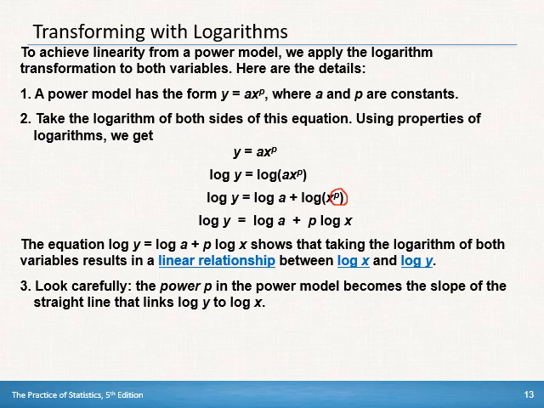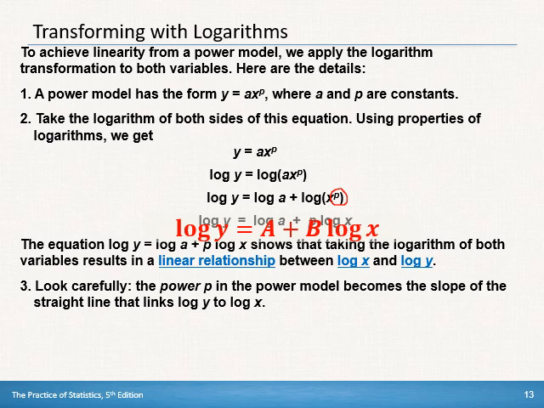So log a, that's just a constant. p, that's also a constant. And we can think of log y as just another variable and log x as just another variable. So we have log y is equal to a plus b log x.